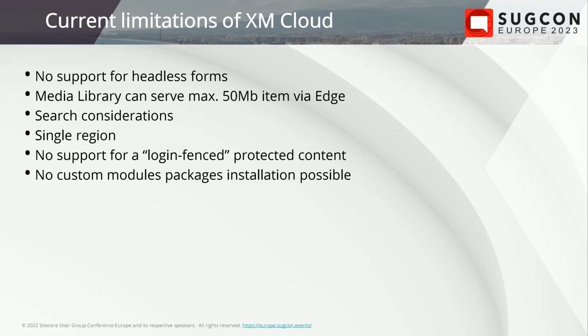Search is not an option any longer in terms of custom indexes for your websites, for client websites. Of course, there is a search power in your CM instance, but it's reserved for internal purposes. XMCloud comes as a single region, which means you have to choose between 5 geographical regions upon the provision.